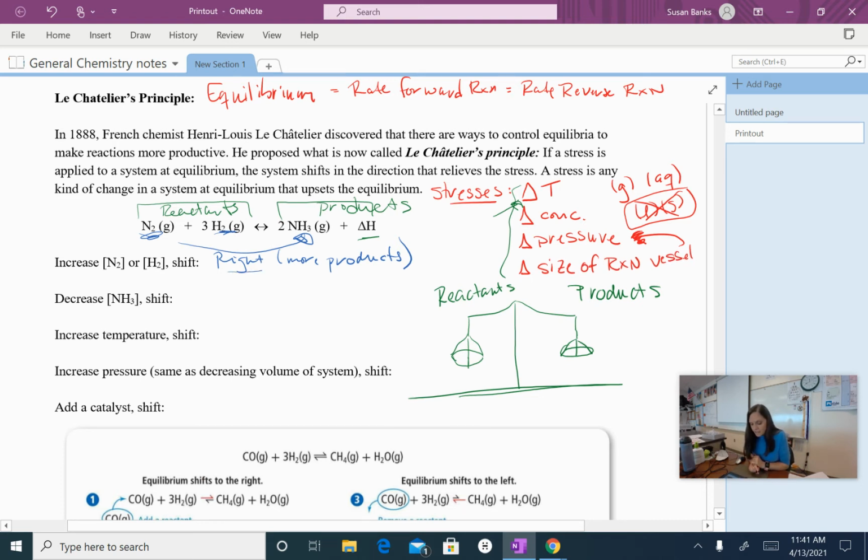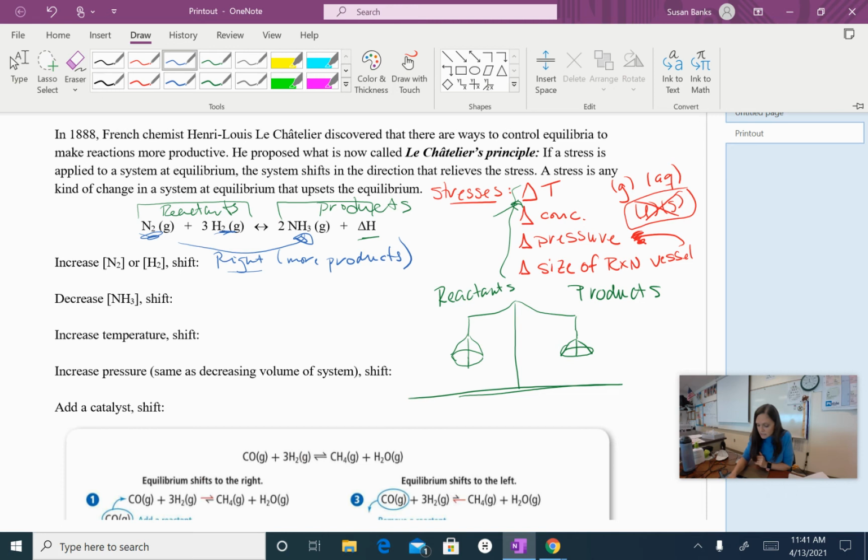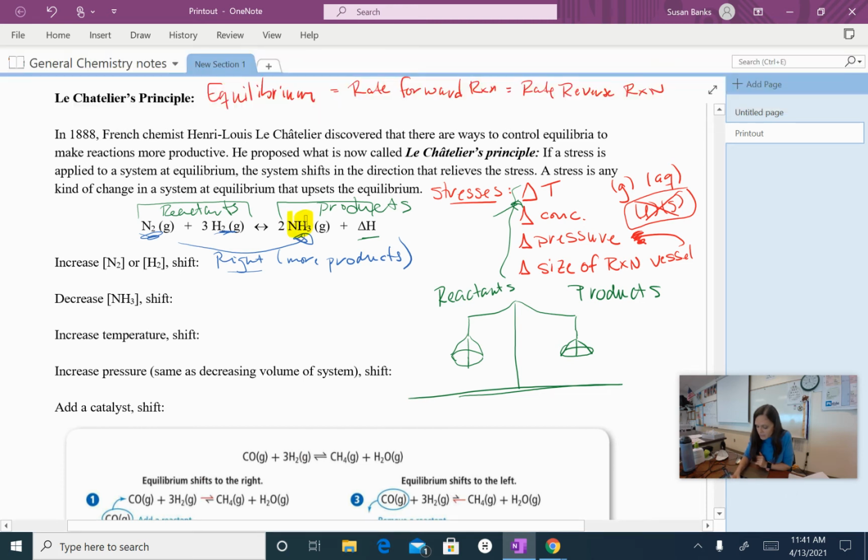Okay? If I decrease my ammonia, now decreasing, we're going to look at the ammonia right here. Decreasing is the same thing as taking it away. So if I have my ammonia on my product side and if I take it away, what does it do to that balance pan? It makes that balance pan really light.